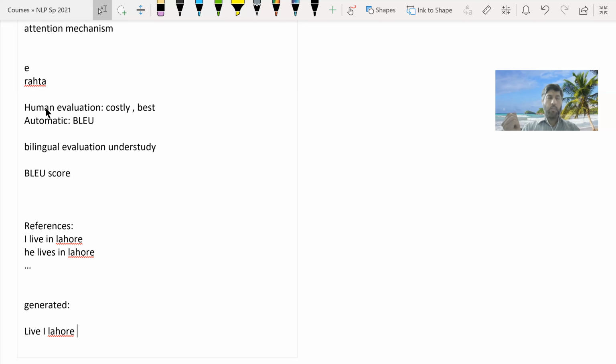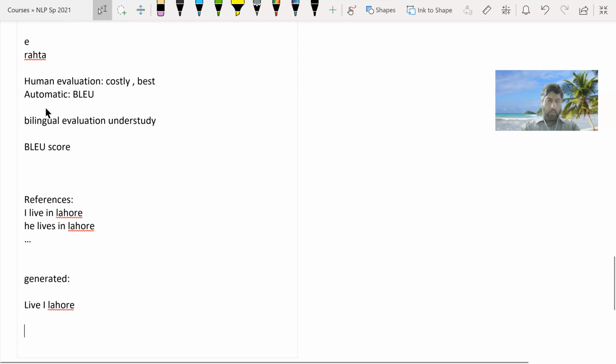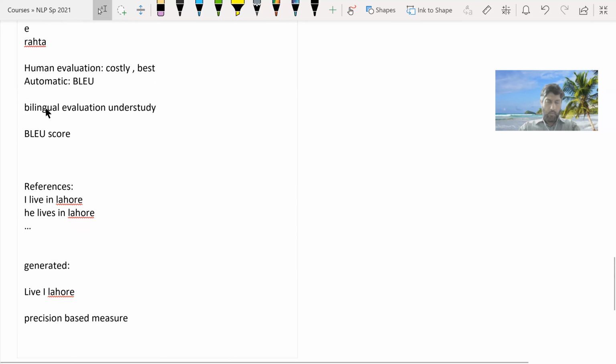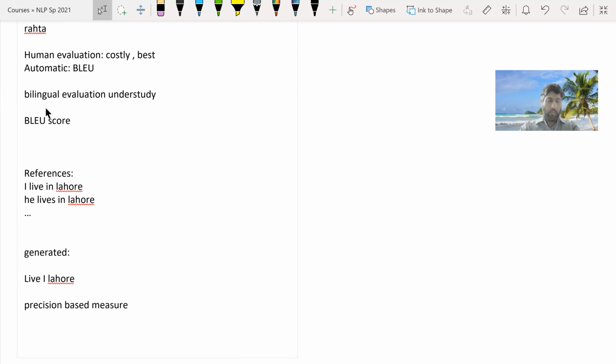But here we're actually talking about the BLEU score. The BLEU score is actually a precision-based measure. Of course there are some modifications, so let me take examples that are more common.